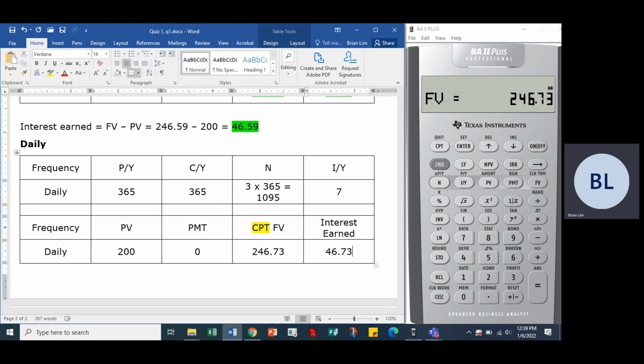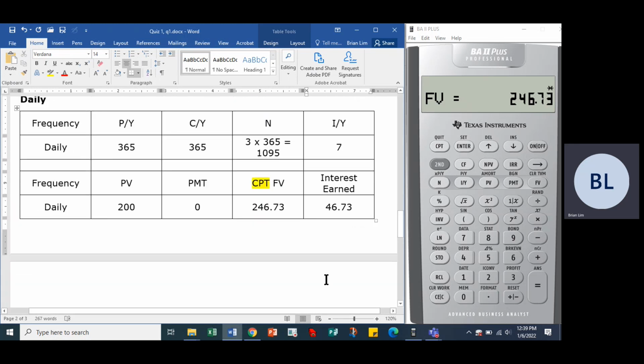46.73. All right, because this number is equal to, seeing we're running out of space down there, I'll just put it in here. Future value minus present value is equal to this number. So that's the future value right there.